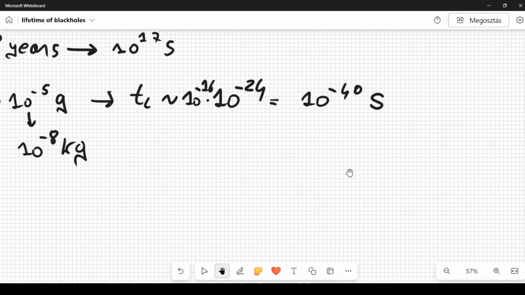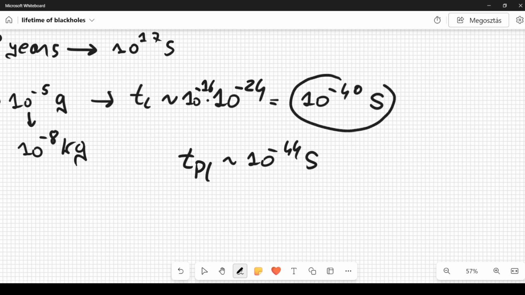In particular, if we consider the so-called Planck time, t Planck, it is of the order of 10 to the minus 44 seconds. So this is not exactly equal to the Planck time, but we are getting closer and closer to it. Remember that in physics, the Planck time is the smallest unit of time below which you cannot really make any meaning out of the concept of time.